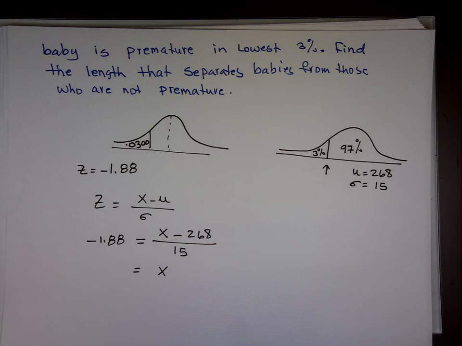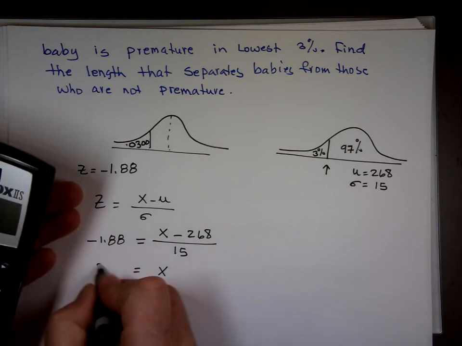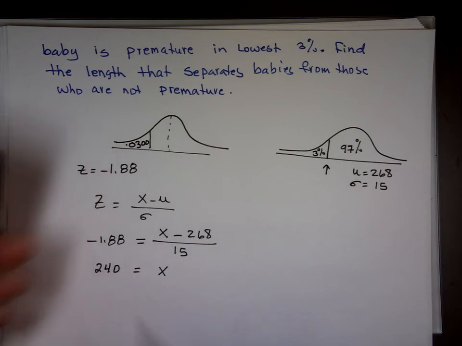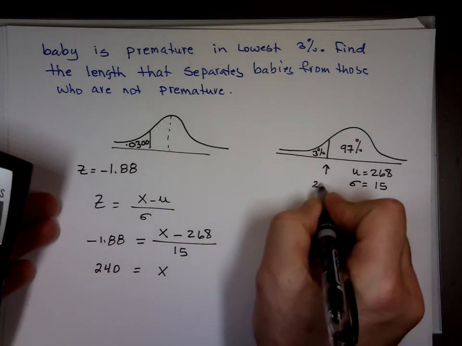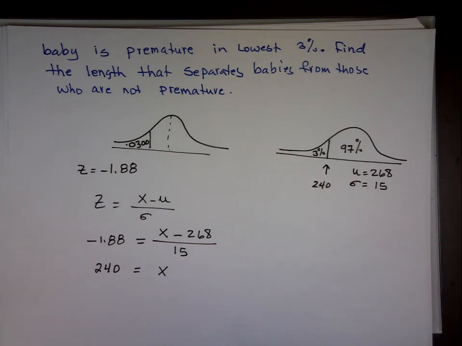It's 240 days. So any baby born before that 240-day period is considered a premature baby. If you're after that date, you're good. So 240 days is the cutoff.